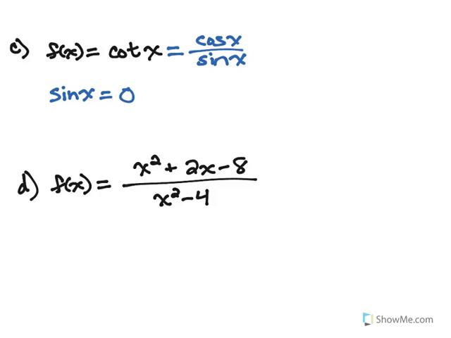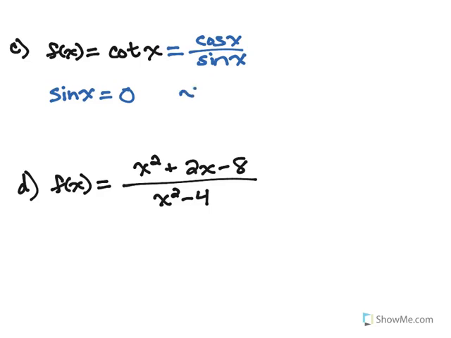So let's go around the unit circle. When's the first time sine equals 0? At 0. Then at pi, when else? 2 pi, keep going.